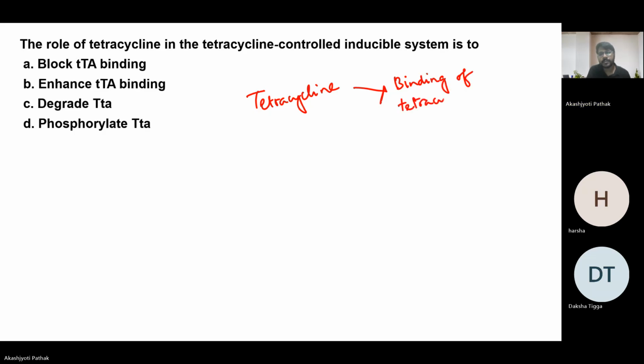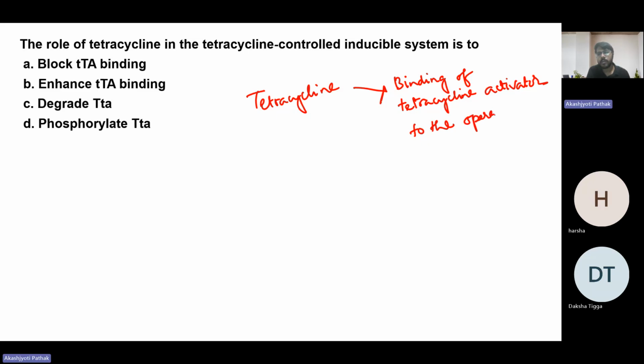The role of tetracycline in the tetracycline controlled inducible system is to: block TTA binding, enhance TTA binding, degrade TTA, phosphorylate TTA. So when tetracycline is present, it will inhibit the binding of the tetracycline transactivator to the operator.